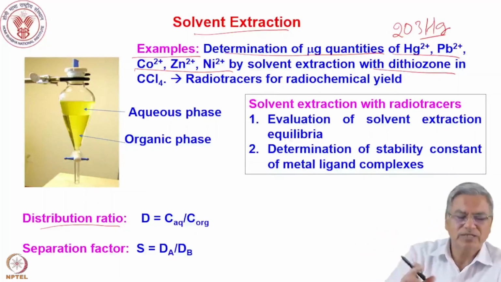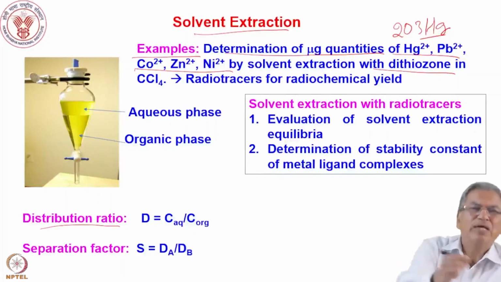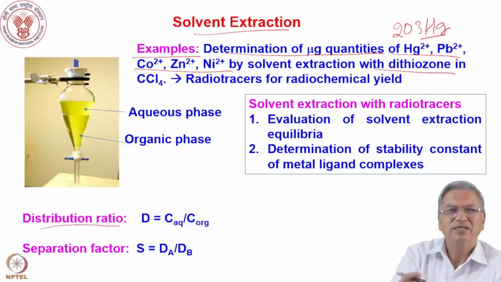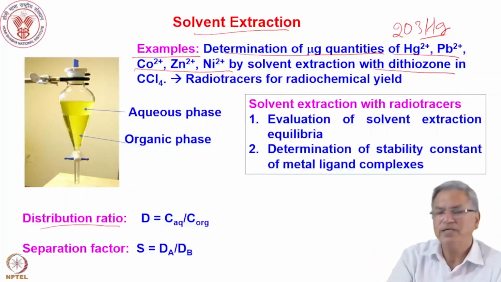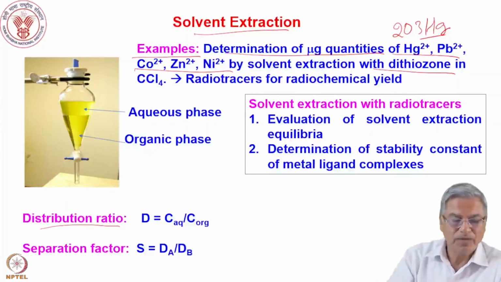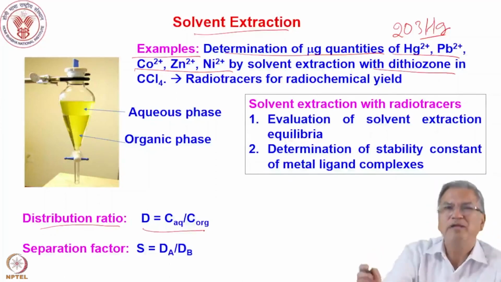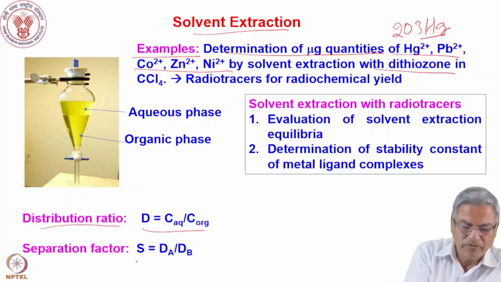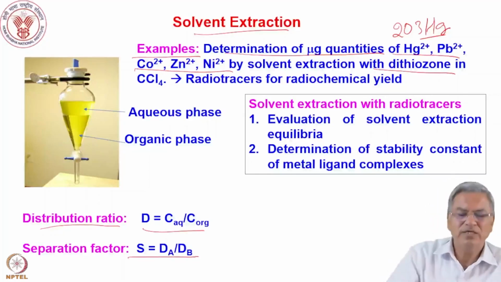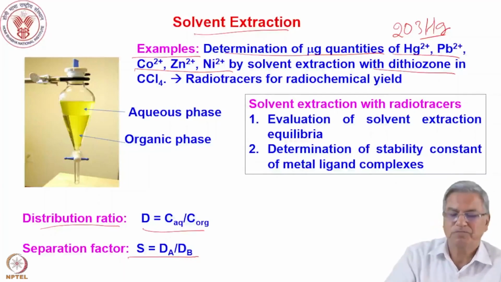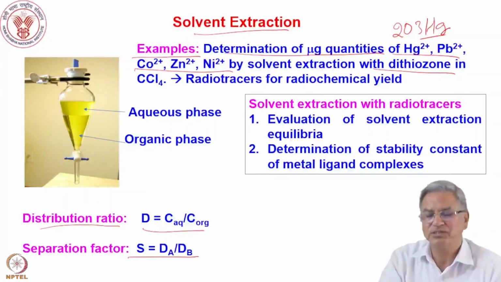After the solvent extraction, some mercury will go into the organic phase, and you can take aliquots from the aqueous and organic phases, 100 microliters or 50 microliters, and count the activity of mercury-203 in the two phases, and you can find out the distribution coefficient. Suppose you have multiple elements in the same solution, you can find out the D value for different metal ions, and you can find out the separation factors. So for radiotracers, solvent extraction is a very ideal system.